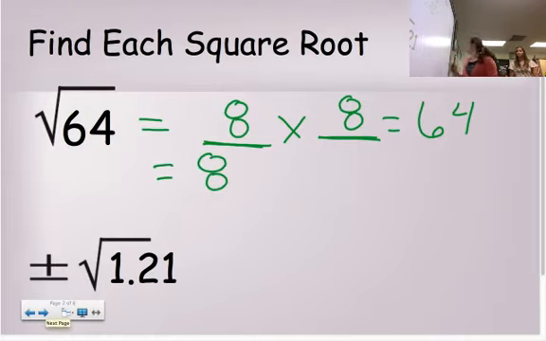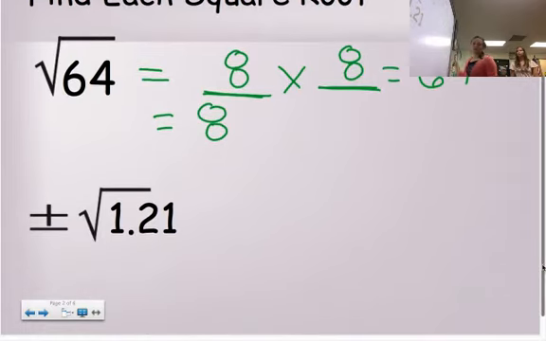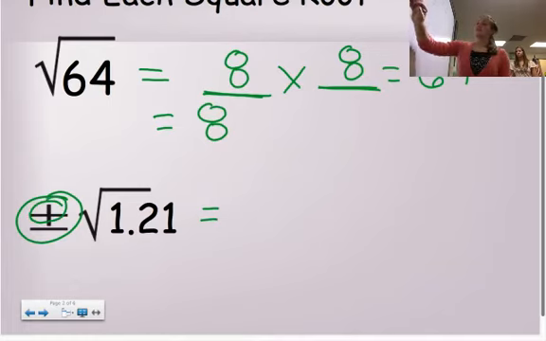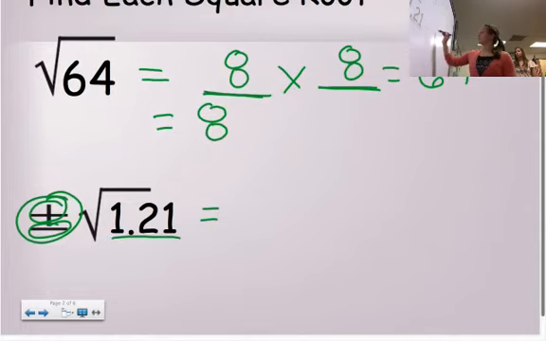That's it. Now, this one right here is a little bit trickier because of this sign, this plus and minus. What this means is that there's two numbers, a positive number and a negative number, that when multiplied by themselves equal 1.21. If I use my calculator and take the square root of 1.21, it's going to tell me that it's 1.1.